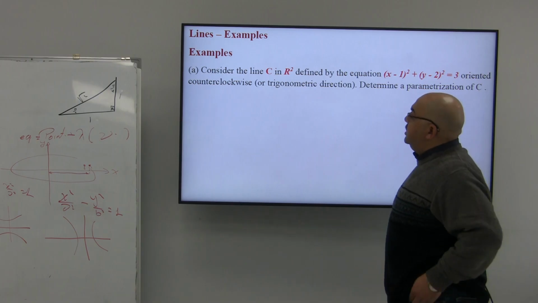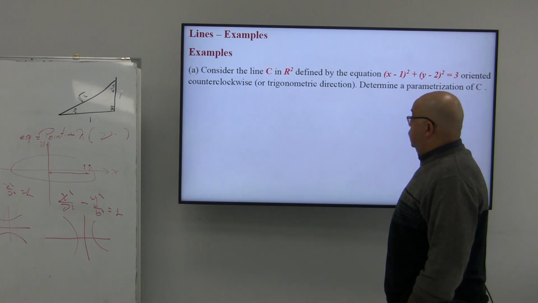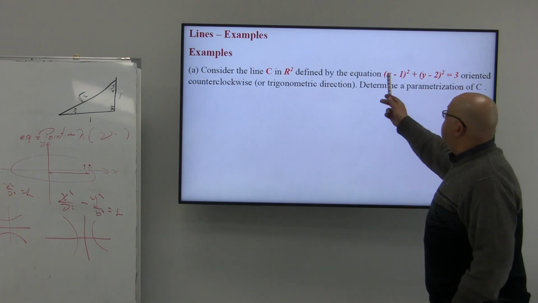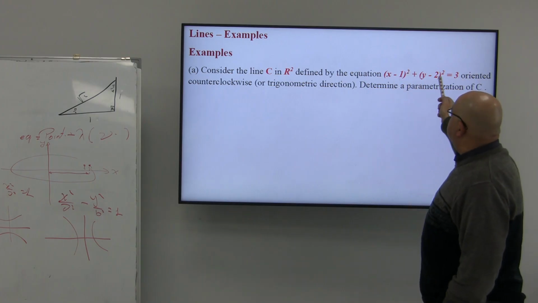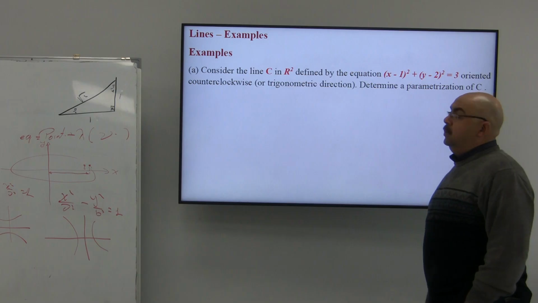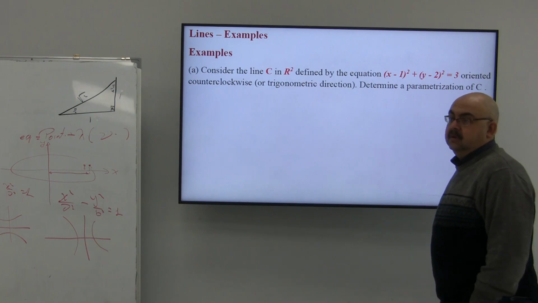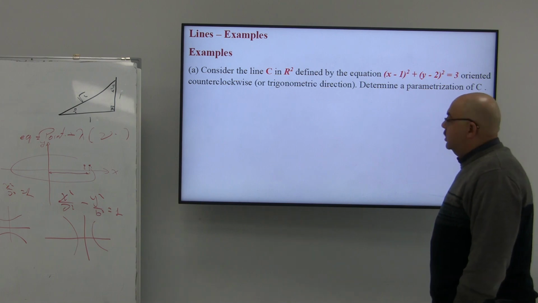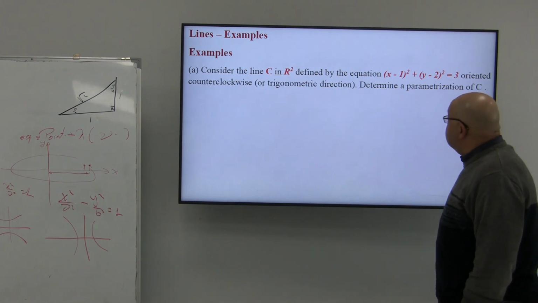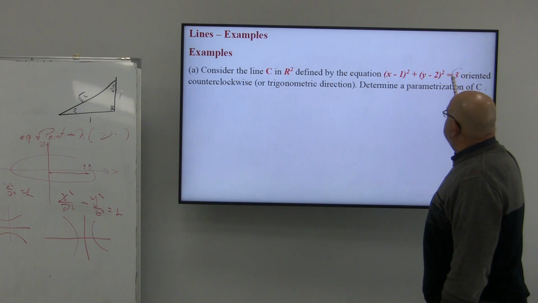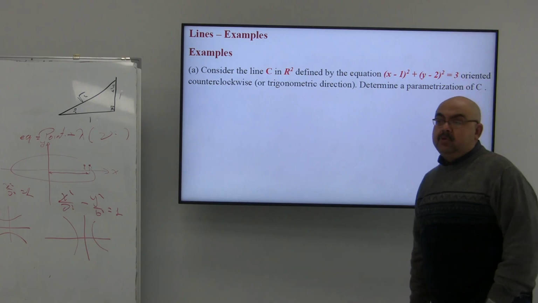Okay, here he is asking you to consider the line C in R2 defined by the equation x minus 1 to the power of 2 plus y minus 2 to the power of 2 equals 3, which is an equation of a circle, which means the radius will equal root 3.